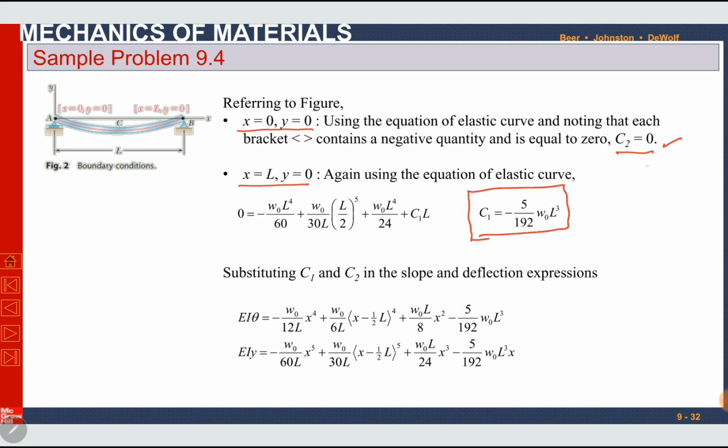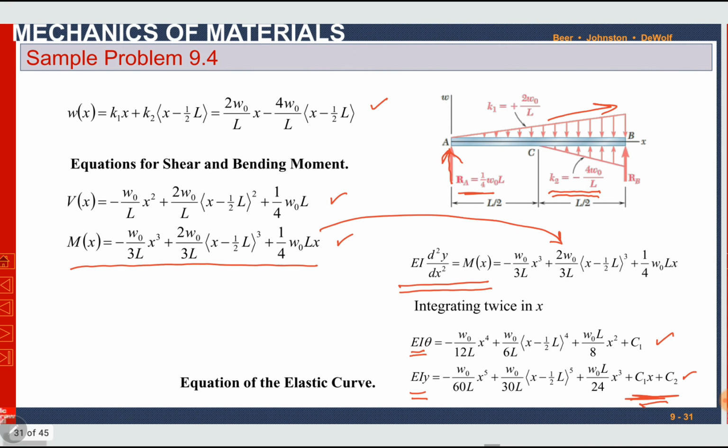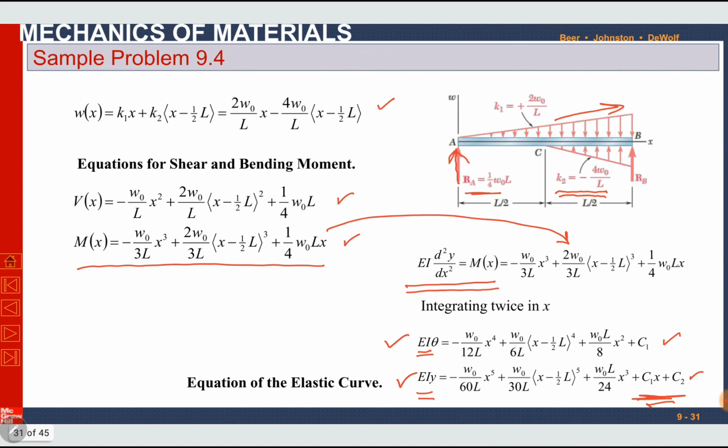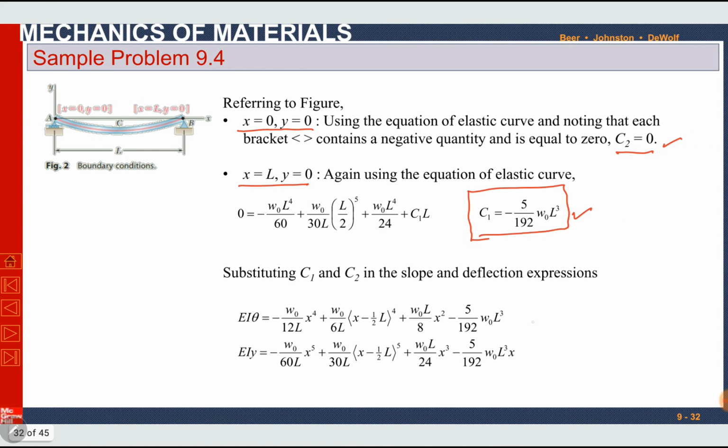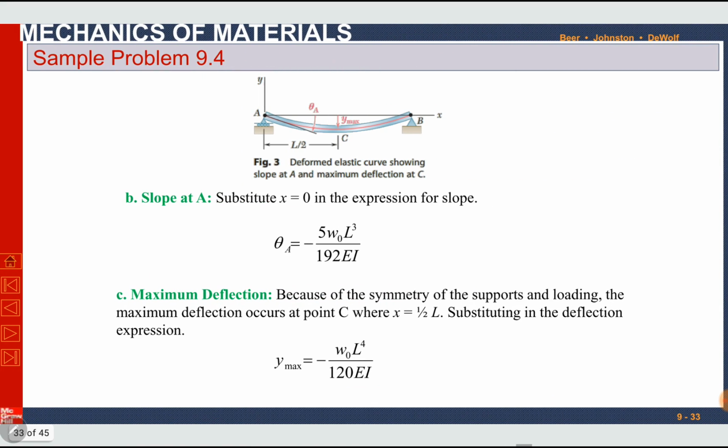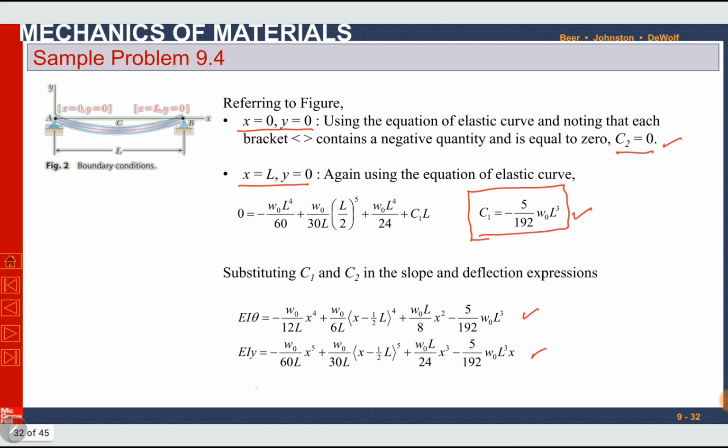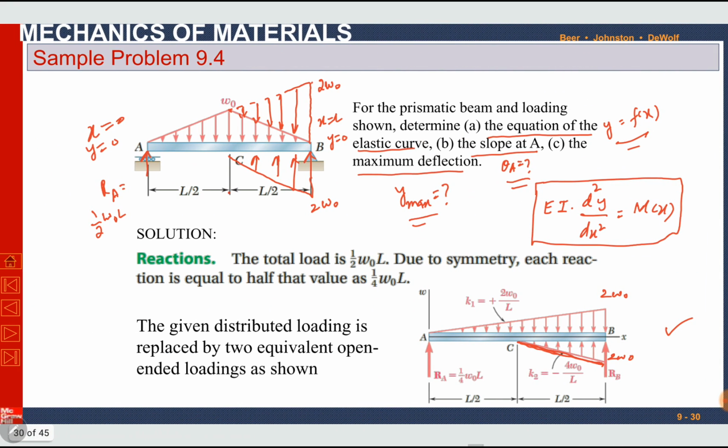By substituting C1 and C2 in these two expressions of theta and y, we can get two expressions for theta and y. This equation of y as a function of x is the equation of elastic curve, which was required in our problem part number A.